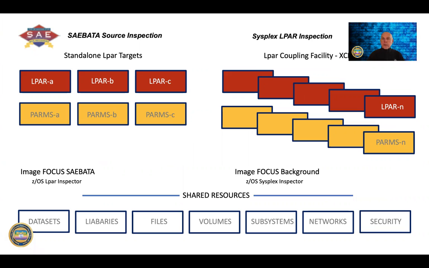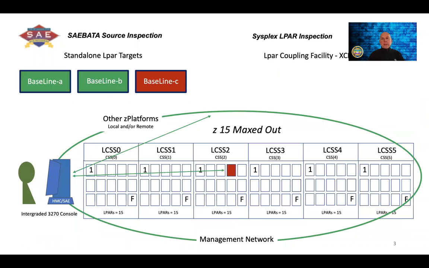It differs from our Sysplex inspector in that the Sysplex inspector goes on and inspects the coupling facility and then looks at the individual parms of the LPARs that are within the Sysplex to determine their commonality when that's necessary or their uniqueness when that's necessary to figure out whether or not they can actually become and join the Sysplex as a good citizen.